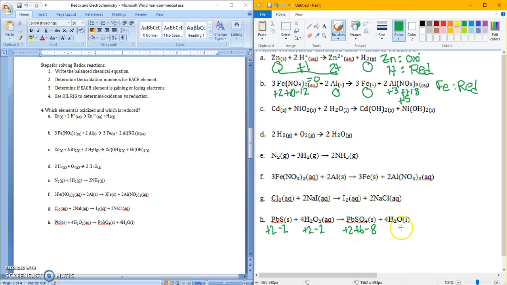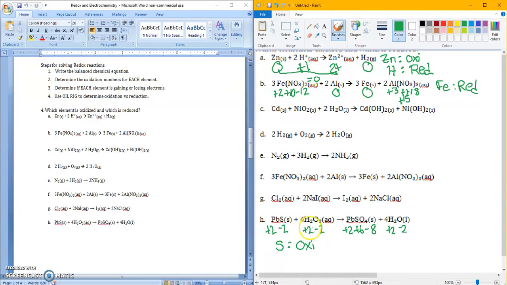I look over here, we have a -2 and a +2. Alright, so if I look, lead stays +2, so nothing has changed. Sulfur, however, goes from a -2 to a +6, which means that sulfur had to lose electrons to become positive, and that is oxidation.